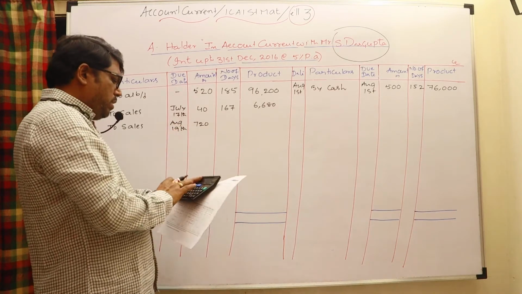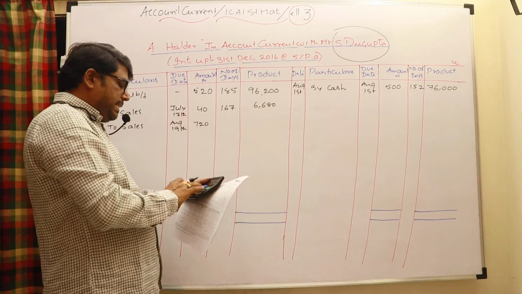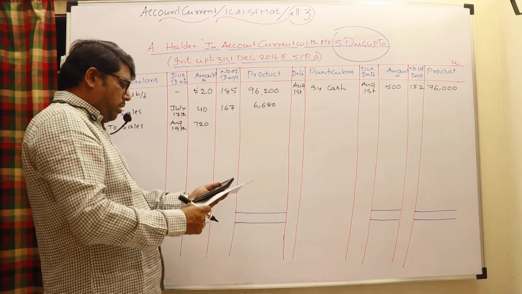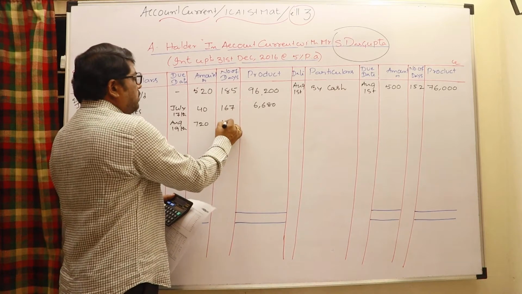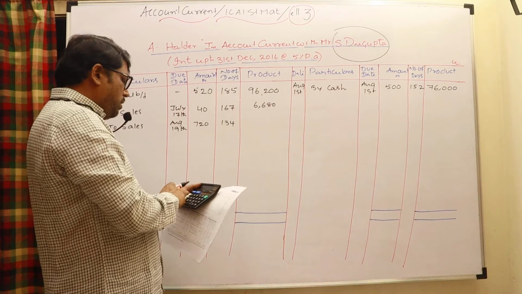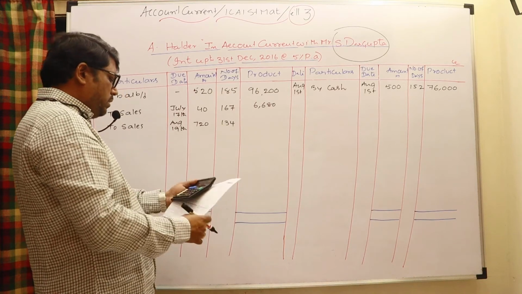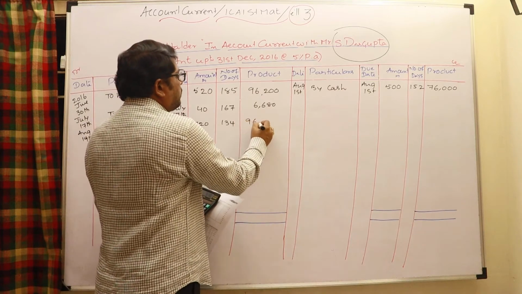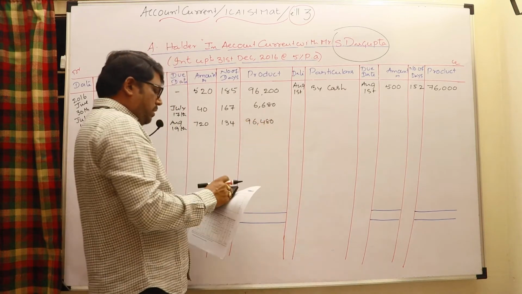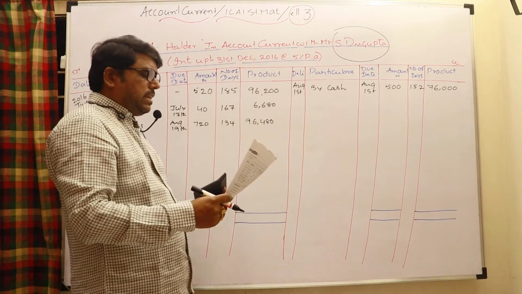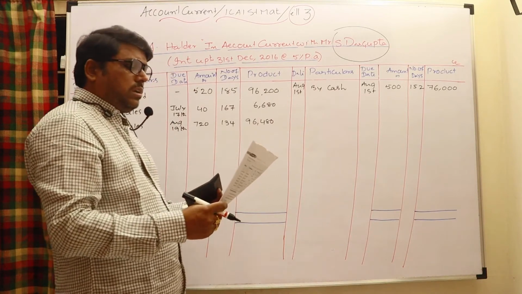In August there are 12 days, then September, October, November, December, total number of days 134. Multiply to get the product, 134 into 720, and the resulting amount is 96,480.